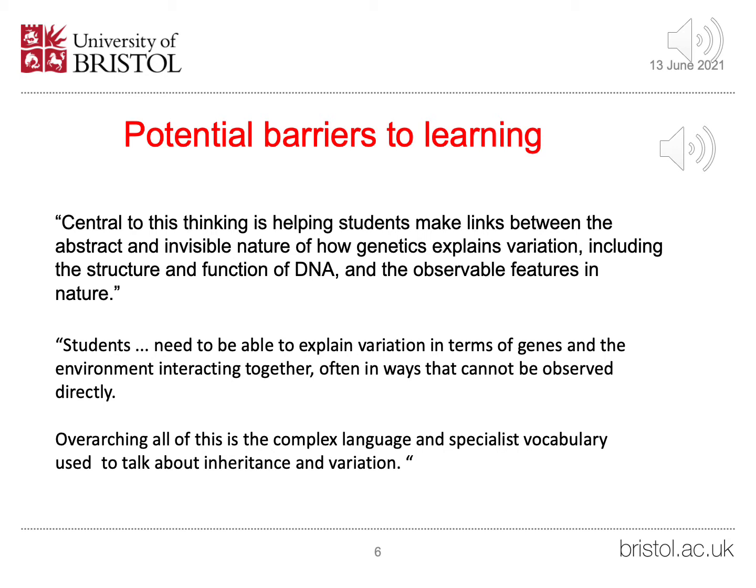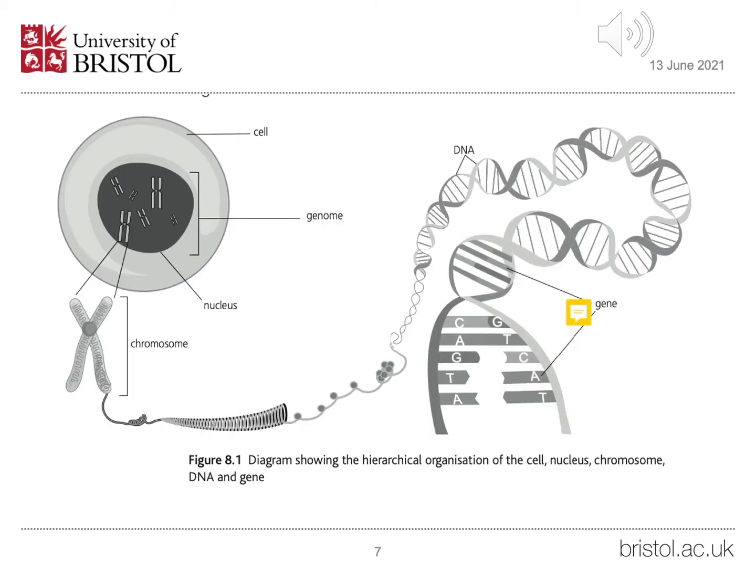A second major potential barrier to learning is the complexity of the language that's used in genetics, and this is something that we explicitly address in the chapter. One of the problems that students and indeed teachers have when thinking about the nucleus is the different scales on which the components exist.